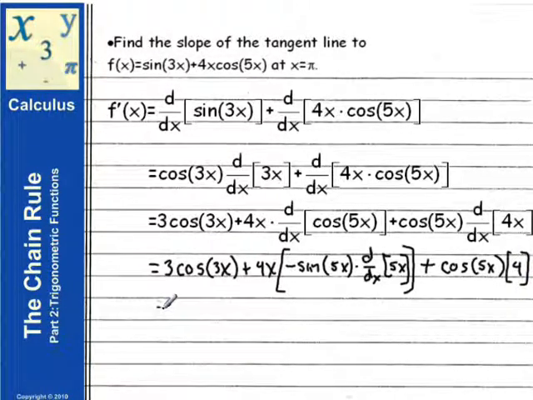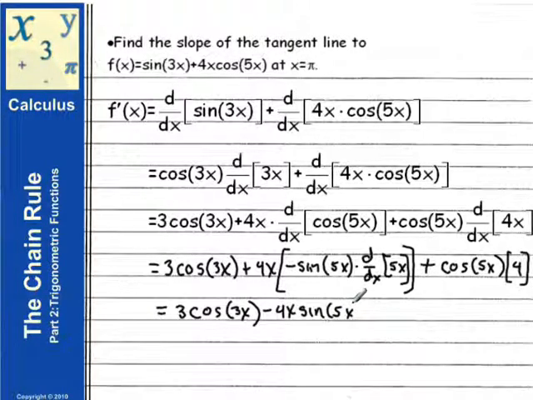Well, we can go back in and do some more work here. We see that we have 3 times cosine of 3x at the beginning. And now we notice that we have a positive 4x times some negative factors. And so instead of plus a negative, we'll write minus 4x times the sine of 5x.